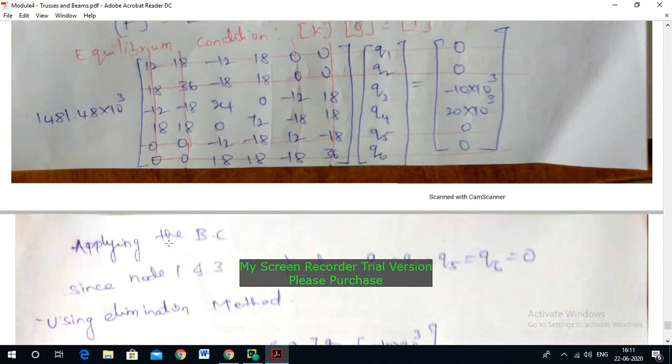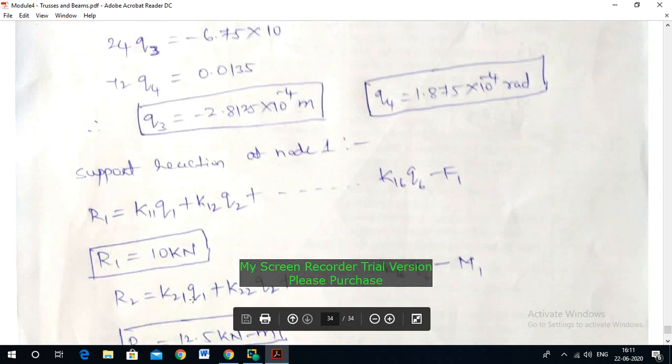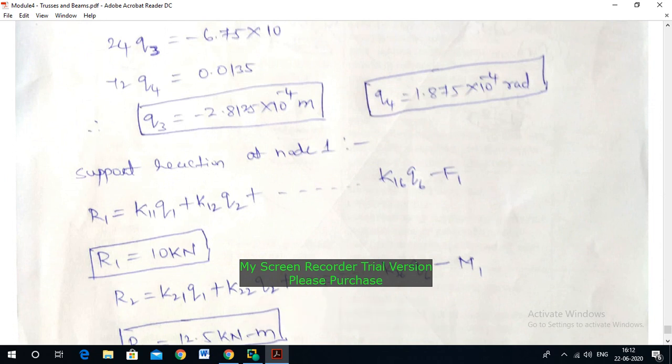Like this, you can take the values from the global stiffness matrix and multiply with Q1: K21 with Q1, K22 with Q2, plus K23 into Q3, K24 into Q4, K25 into Q5, K26 into Q6, and minus M1.